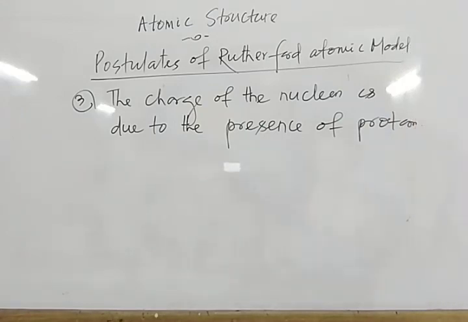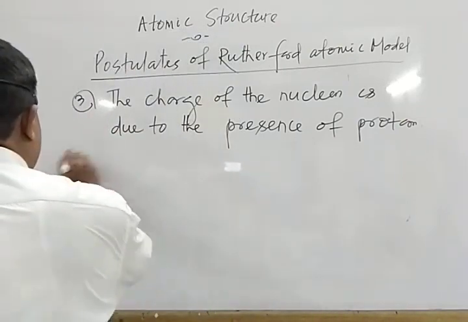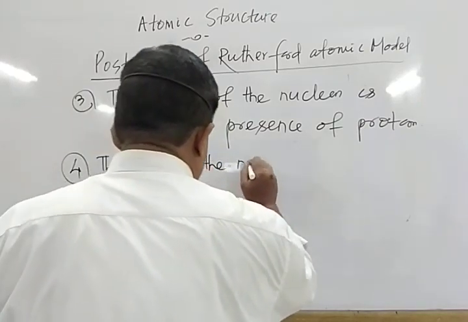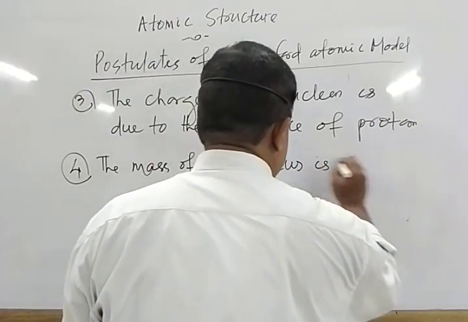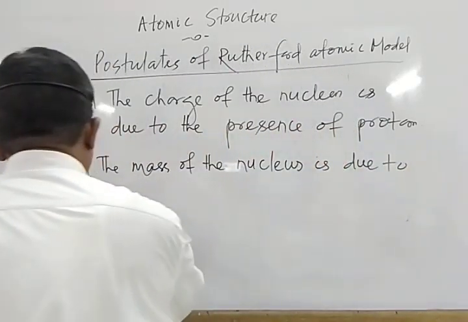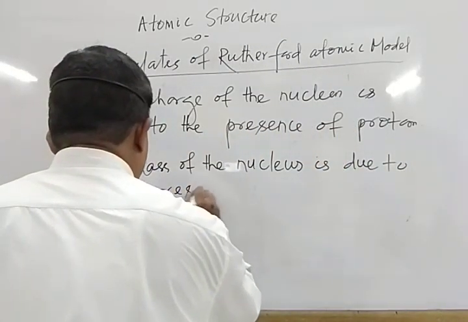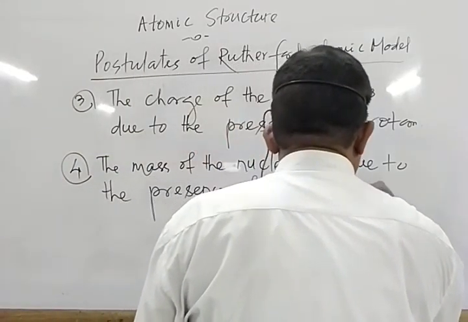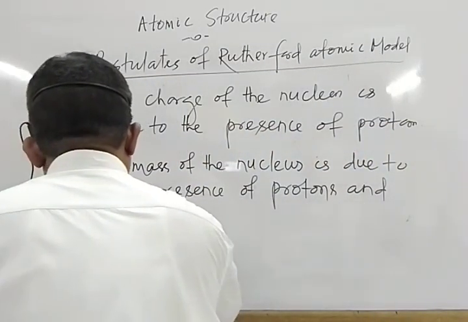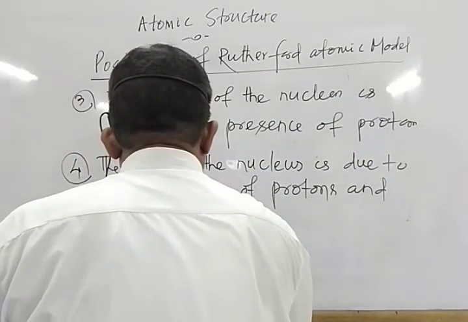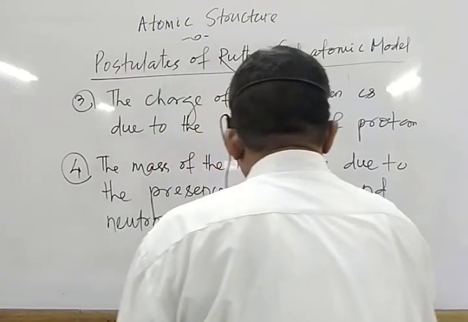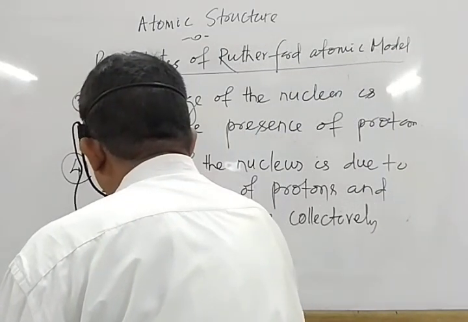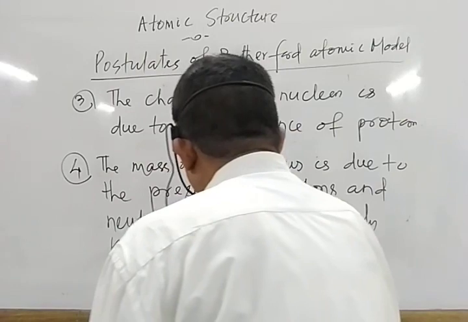Next, point 4. The mass of the nucleus is due to the presence of protons and neutrons, which are collectively known as nucleons.